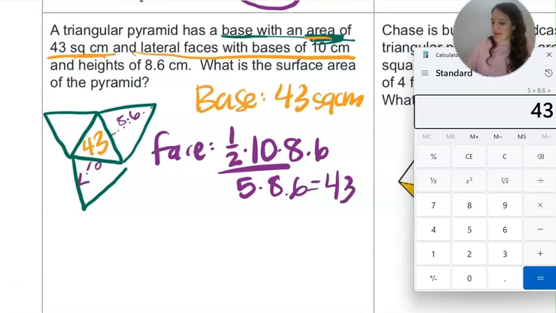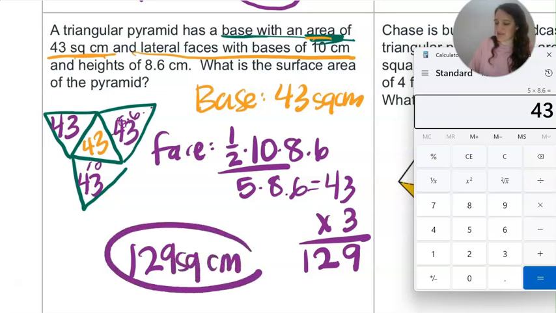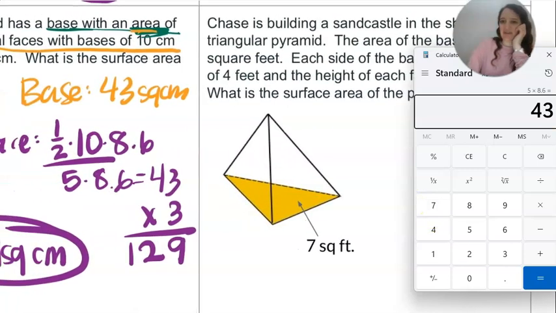I'm going to remember that that's 43, 43, 43, isn't it? So I'm going to times it by 3 and get 129 square centimeters. Moving on.